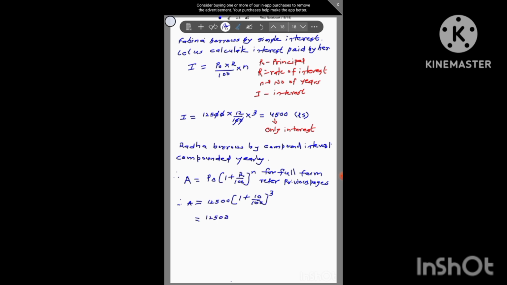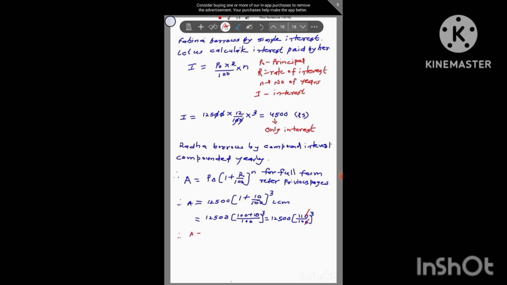Okay, now take LCM. So 12500 into 110 upon 100 raised to 3. 3 is for years.